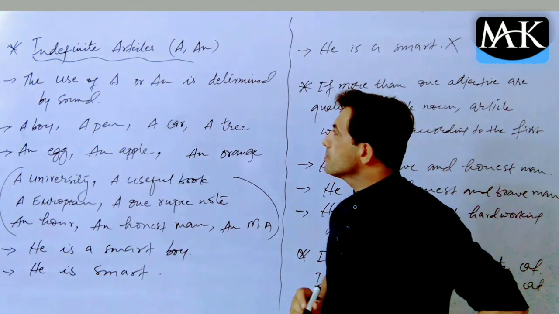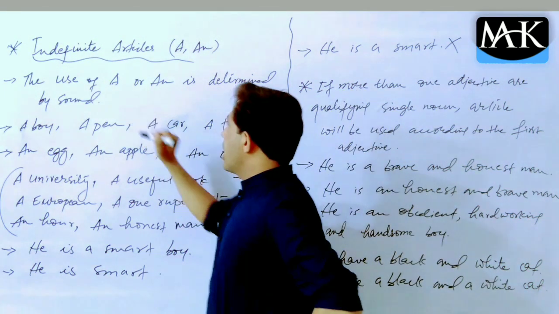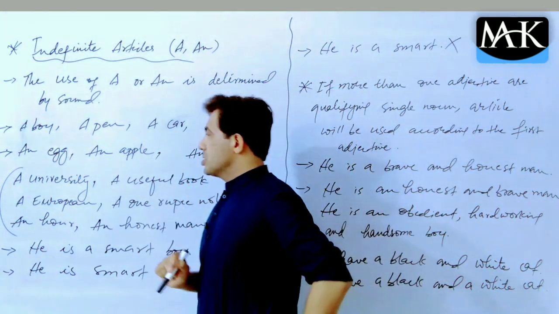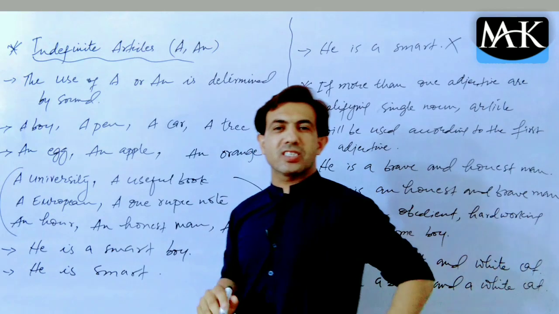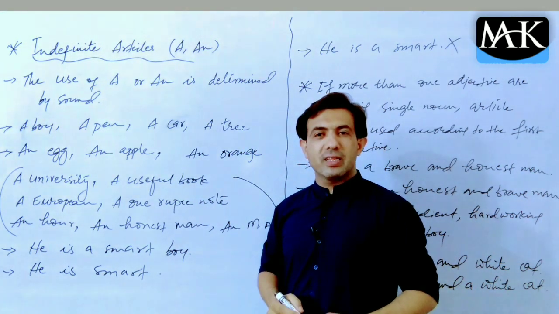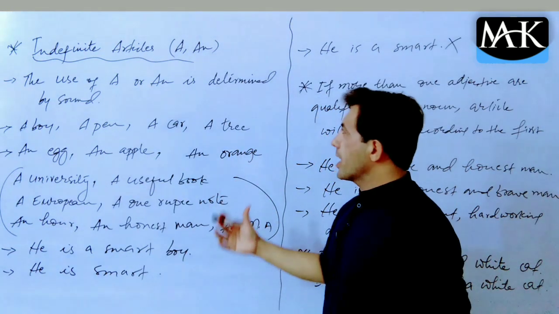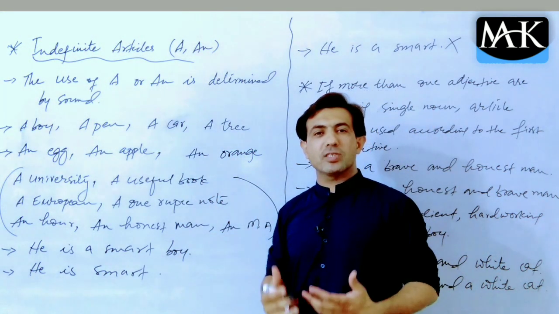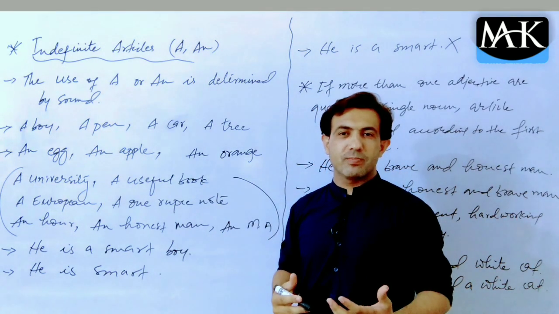Let's start. The use of a or an is determined by sound. We were taught in class 6, 7, 8, 9 and 10 that the indefinite articles a and an are used on the basis of vowels and consonants.